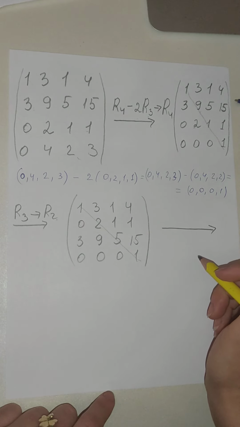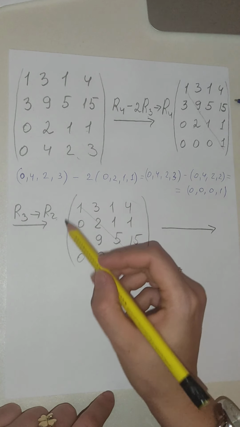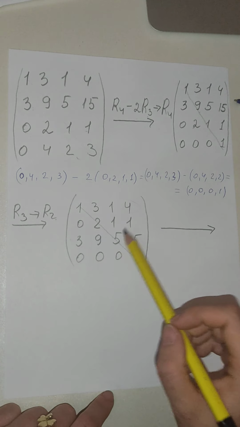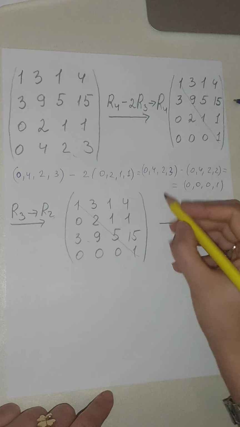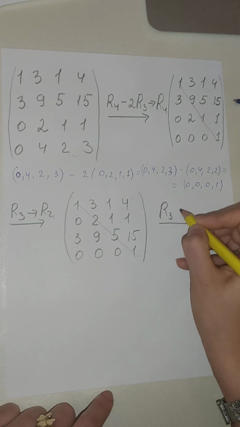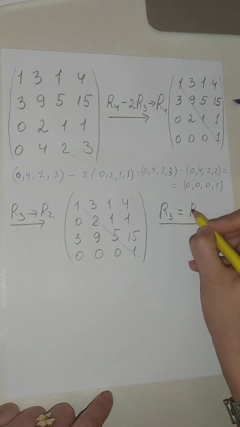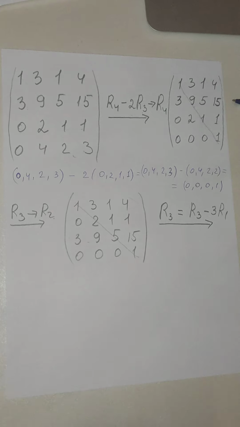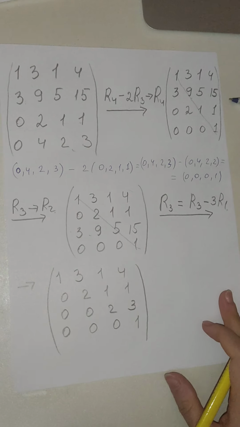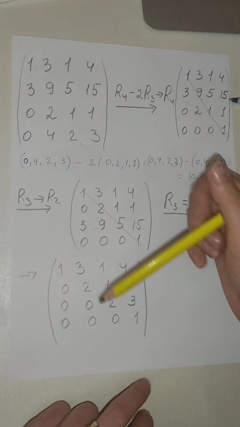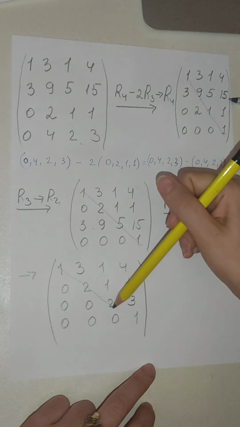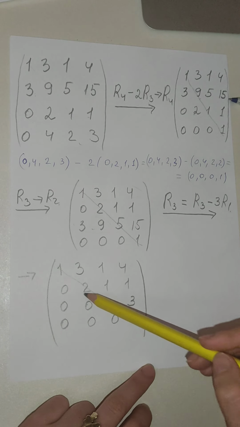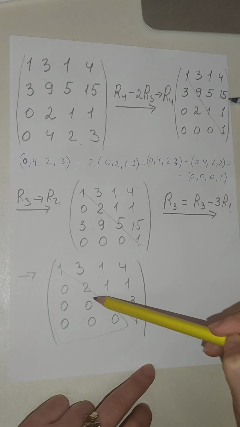Let's multiply row 1 by 3 and subtract it from row 3 and write the result instead of row 3. So row 3 should be equal to row 3 minus 3 times row 1. The new matrix is this, and the remaining elements under the diagonal elements are 0.